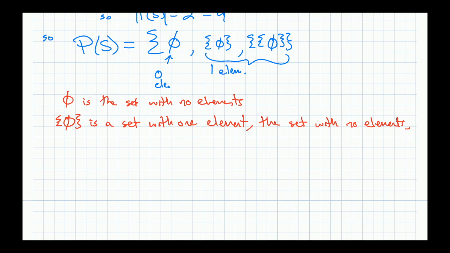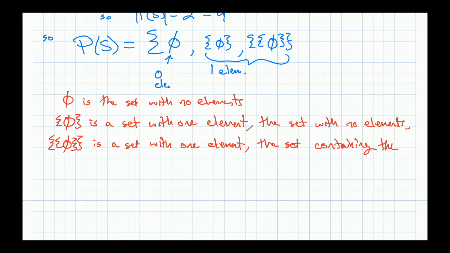And when you put two sets of curly braces around it, that's a set with one element again, but that one element is the set containing the set with no elements.